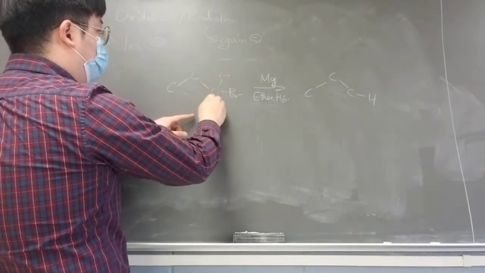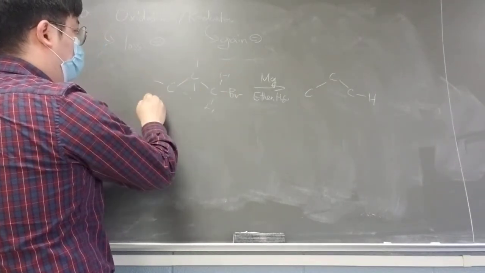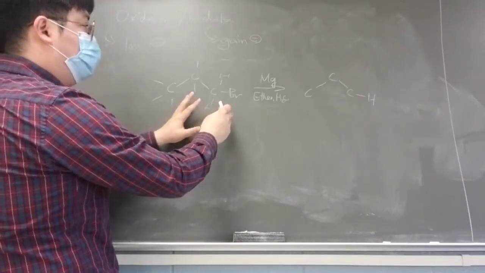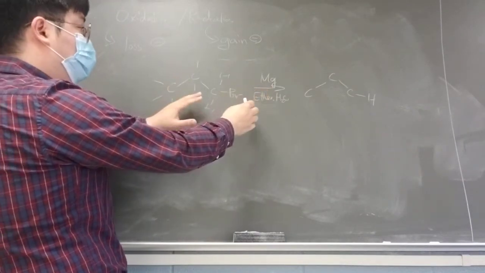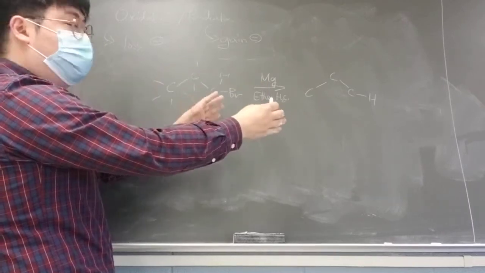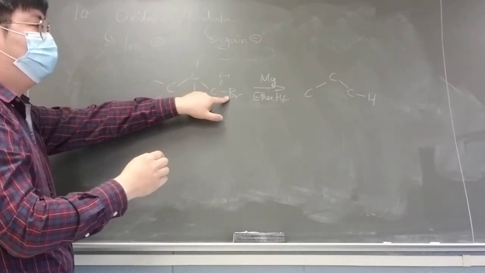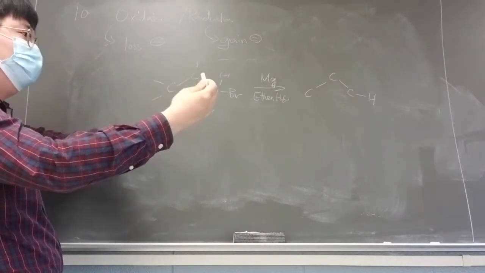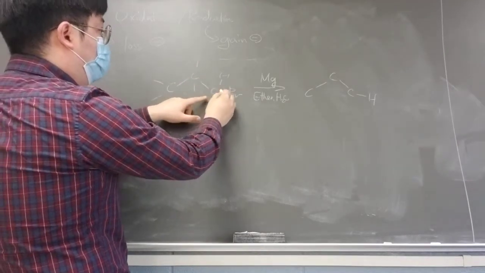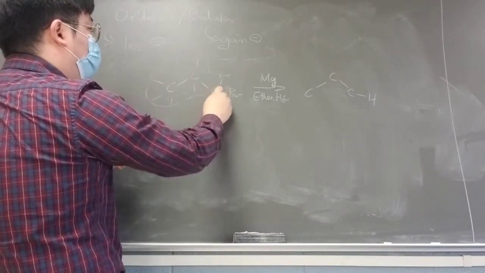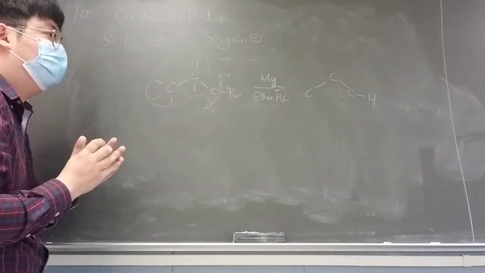So if that is the case, the Grignard reaction will be reduction, because initially the carbon was making a bond to the bromine, which is much more electronegative than carbon. So electrons are going more that way, meaning this compound is losing electrons in the first place.